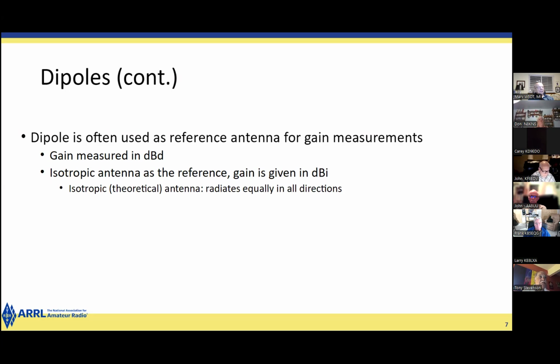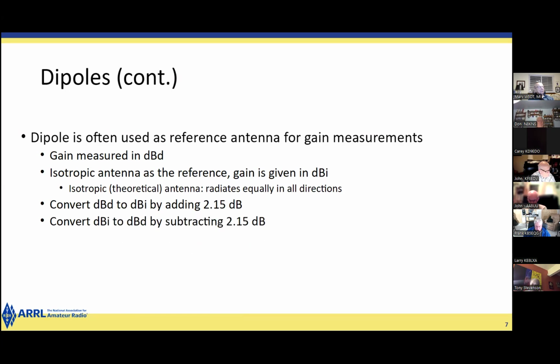A real antenna will not. And you can convert dBd to dBi by just adding 2.15 to the dBd figure. And conversely, you get back to dBd by subtracting the 2.15.